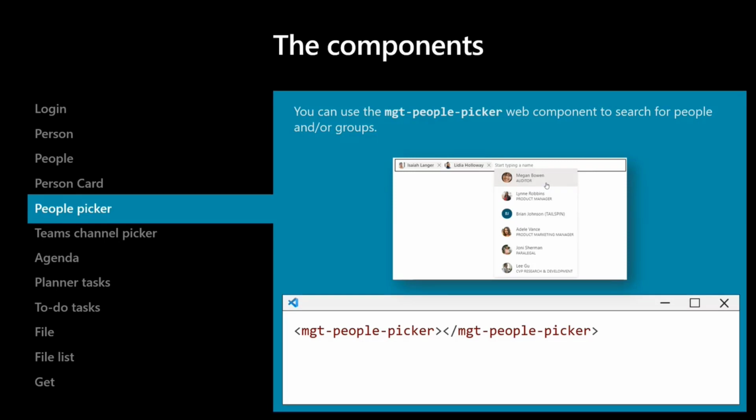Think about maybe you want to invite people to a meeting and you're using that control to identify all the people you want to have in the meeting and automatically create the meeting via graph. Or you want to start a site and automatically create a site based on these people. So we provide the search experience, but also all the flyout that enables you to search with the type ahead automatically in there.